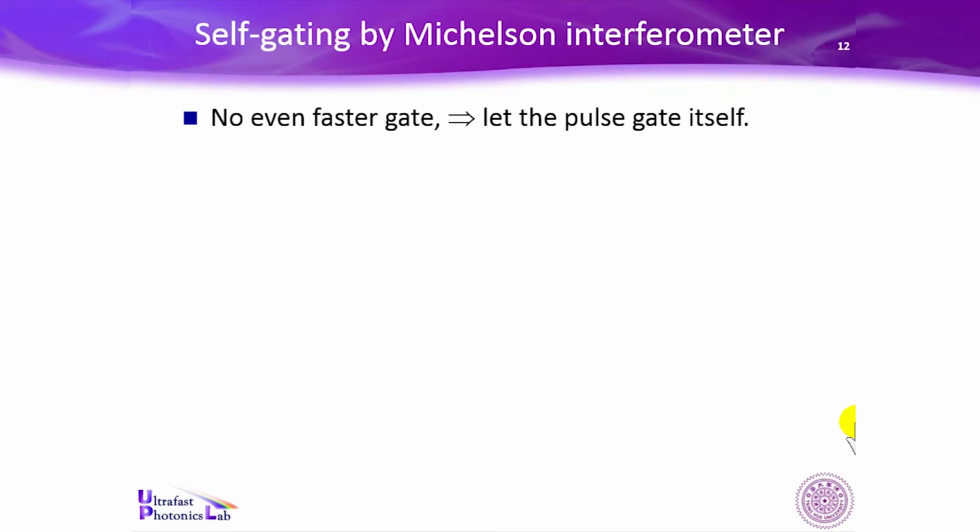So what is self-gating? Because as we have known from the previous section, if you have an even faster gate, you can always measure fast signal. However, if you have no faster gate, why not just let the pulse gate itself?